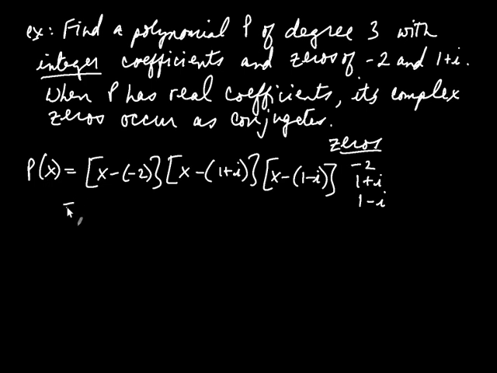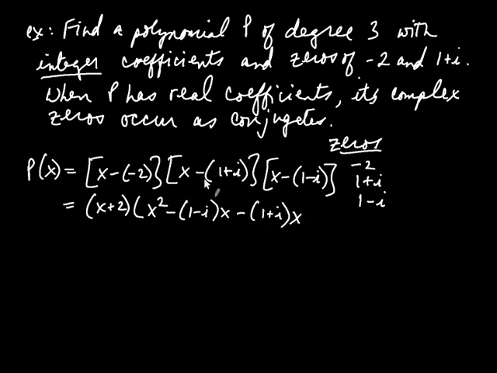So this is going to become x plus 2. Okay, and then I'm going to multiply these together. So x times x is going to be x squared. And then x times this is going to be, let's write, minus 1 minus i times x. And then when I multiply these together, I'm just basically foiling it out. So minus 1 plus i times x.